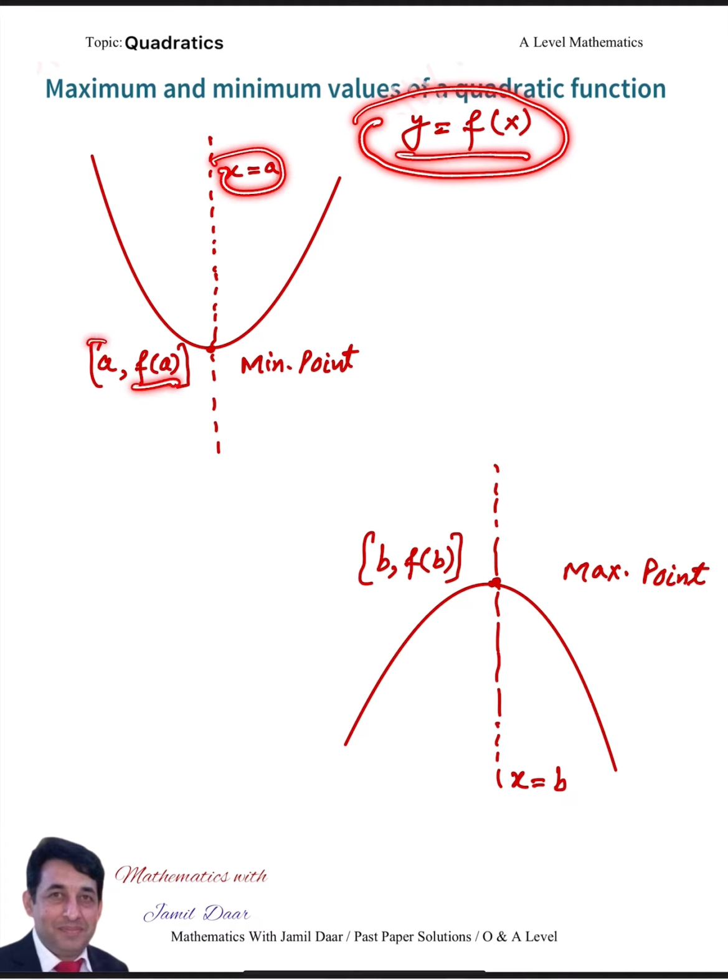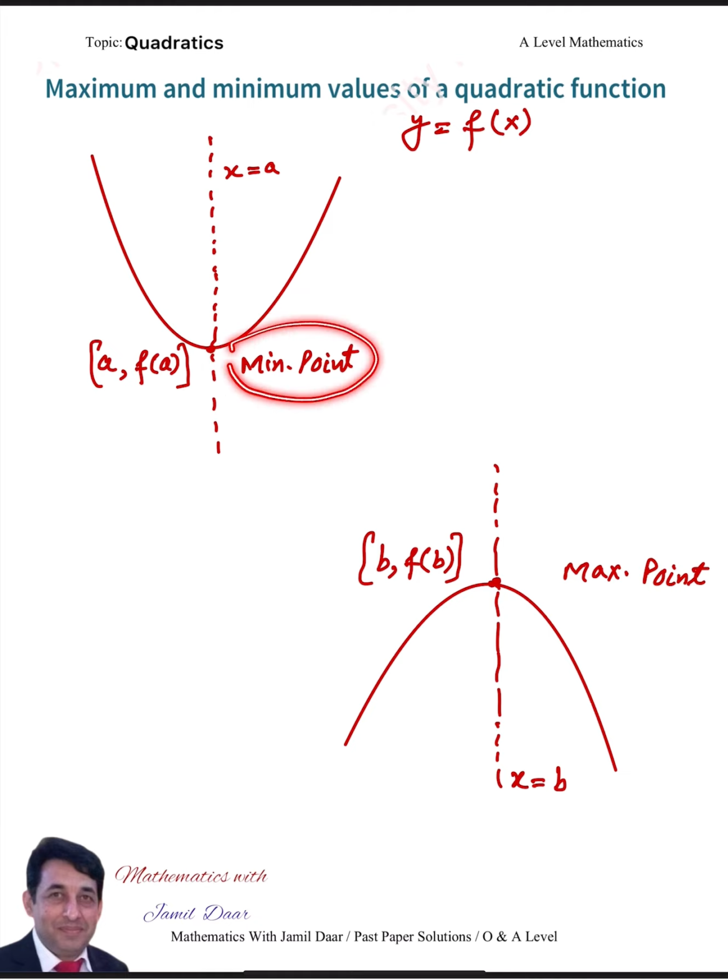I'll let you know how to identify it as a minimum or maximum point when I solve the questions. The main thing is how to find the line of symmetry.